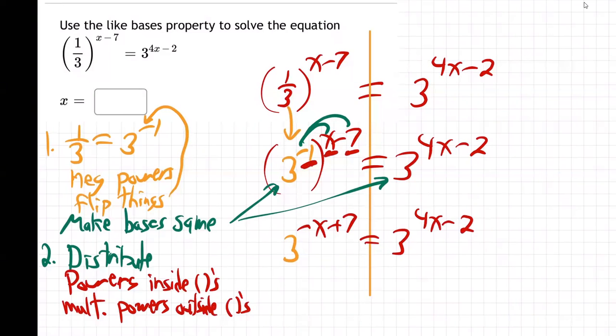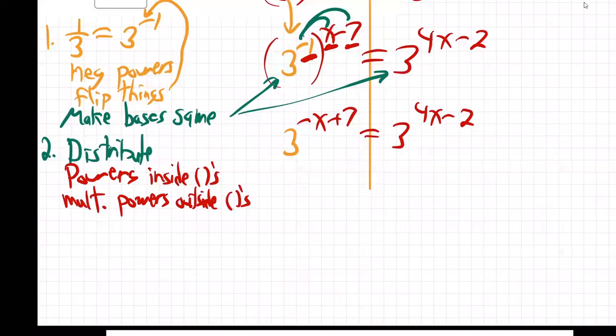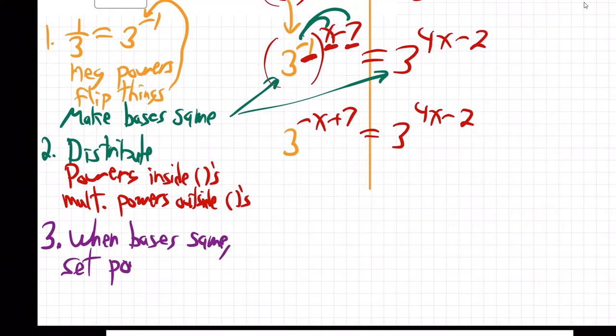Okay, so now, once the bases are the same, step 3, when the bases are the same, then you set the powers equal. This and this must be equal.